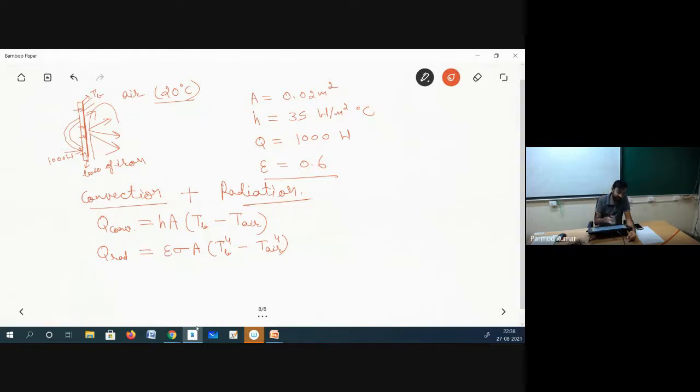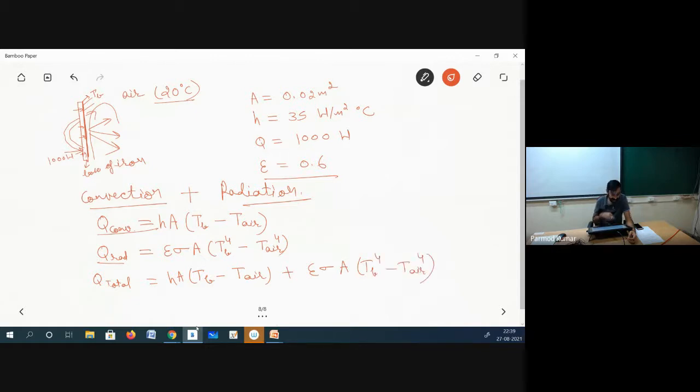So it means this much heat our surface is giving to the surrounding air by two modes. First is by convection and second is by radiation. So total heat removal will be nothing but hA into (TB minus T air), plus epsilon sigma A into (TB power 4 minus T air power 4).